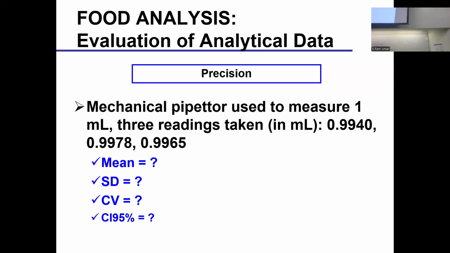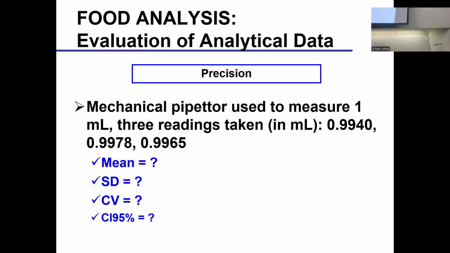All right, so you have a CV? Maddie, do you have a CV? Yes, 0.19%. So CV is, again, your standard deviation divided by your mean, which is 0.9961, times 100.